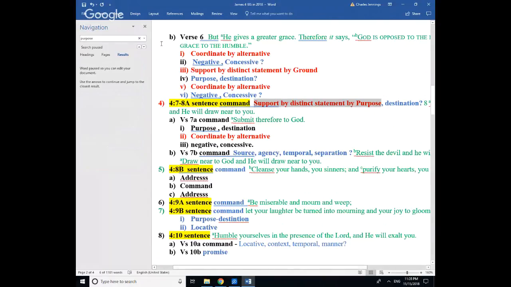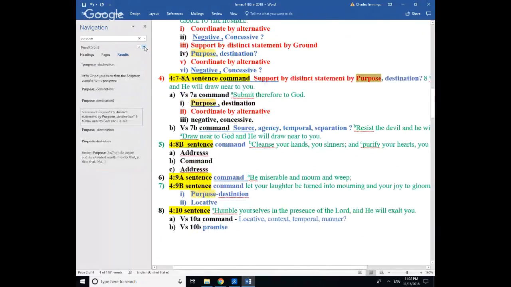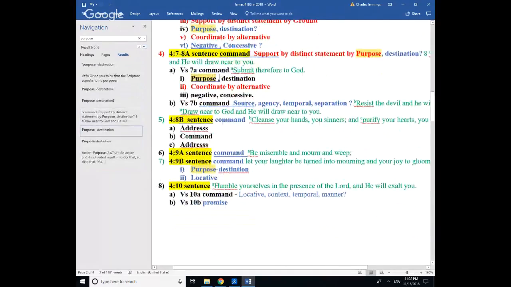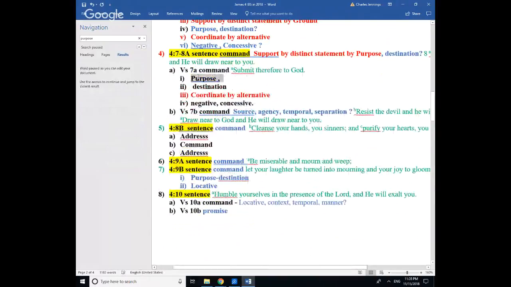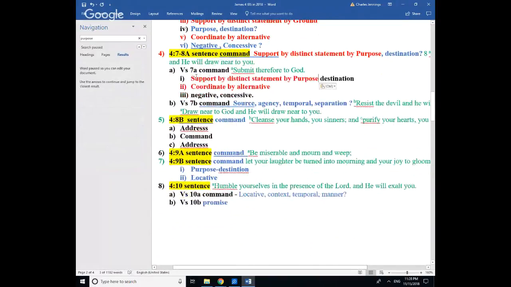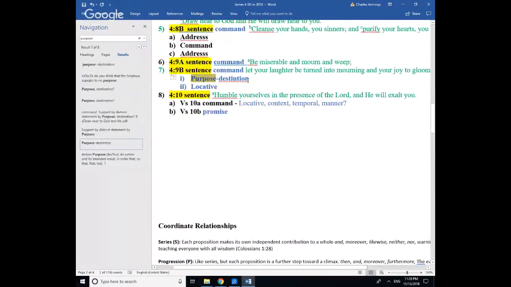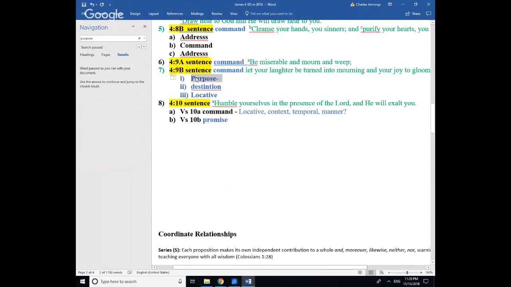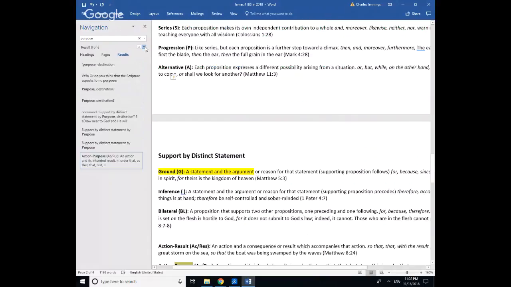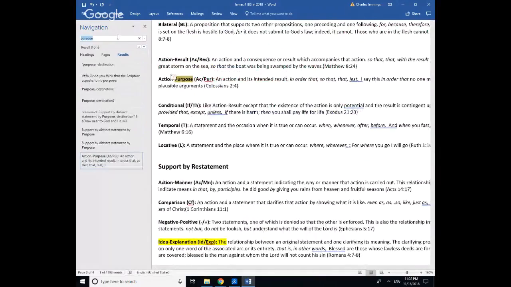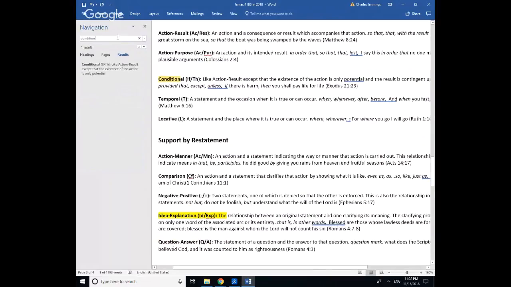Copy that. There's another purpose. Okay, so that's all of them. Now we're going to do condition. No conditions. Okay, let's do temporal.